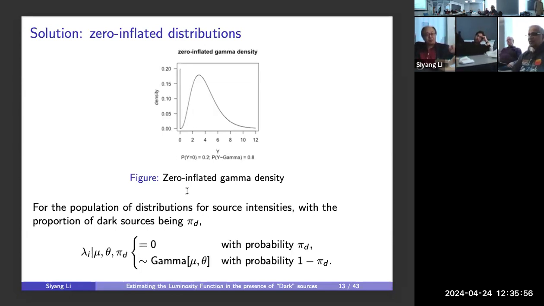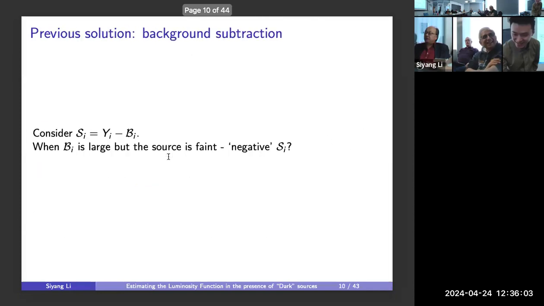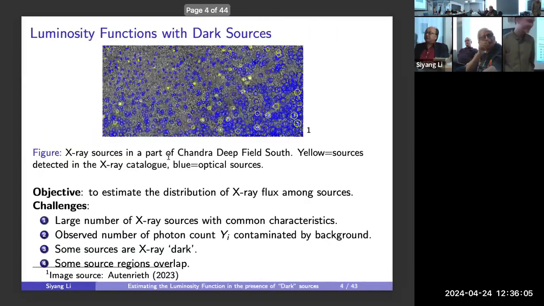If you can go back to the first image. The yellow circles here are X-ray detections, and the blue circles are from an optical catalog of the same cluster.